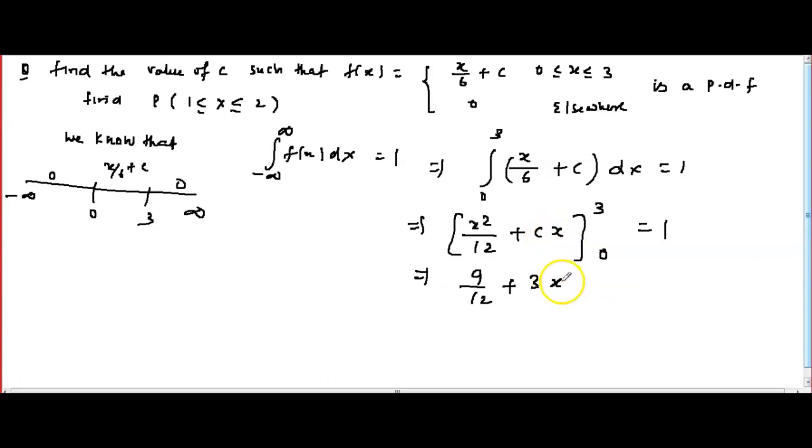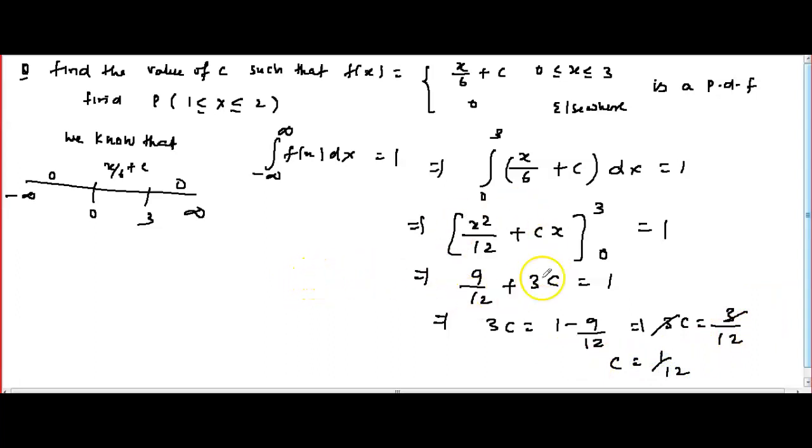So 3c is equal to 1 minus 9 by 12. 12 minus 9 is how much? 3 by 12. So 3c is 3 by 12, and 3 gets cancelled here. We got c is equal to 1 by 12.